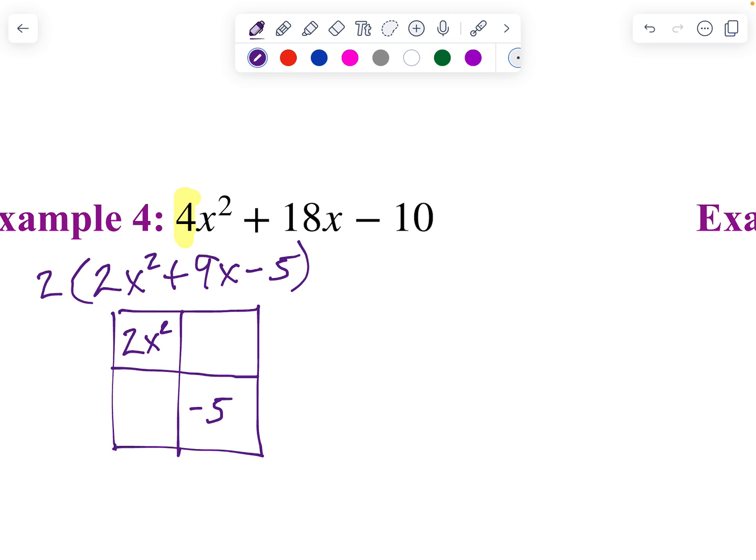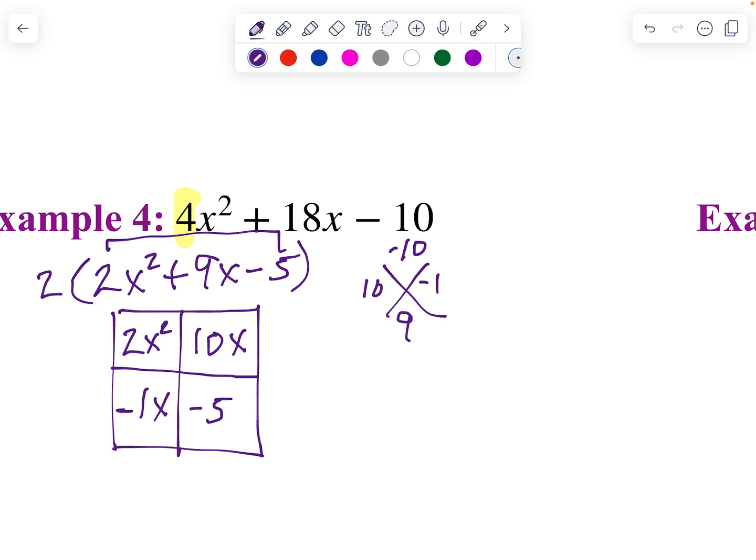That is, I'm not looking for numbers that multiply to negative 5, because I have to multiply my first and last. What's 2 times negative 5? Well, that's going to go on the top of my x. I want two numbers that multiply to negative 10, but they add to 9. Well, the only way to do that would be 10 and negative 1, wouldn't it? So I'm going to put 10x here, negative 1x here. The order you put them in doesn't matter.